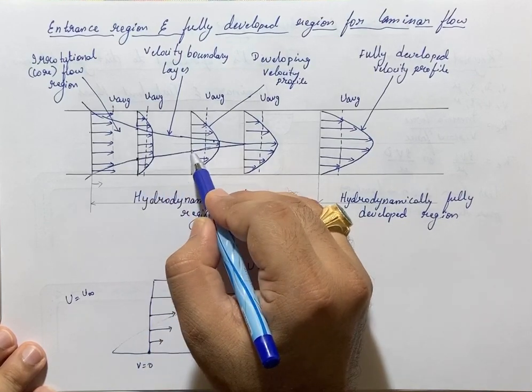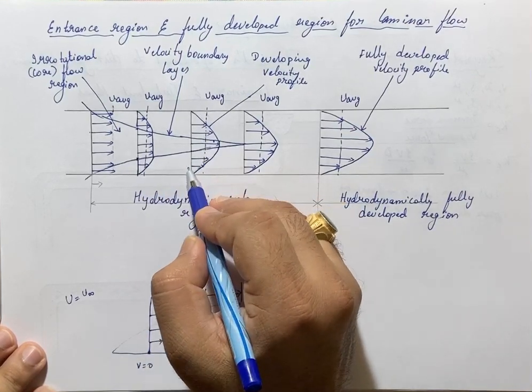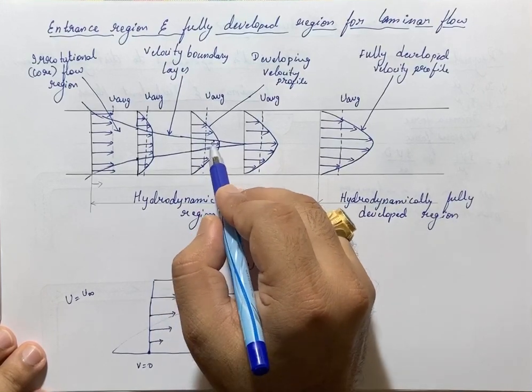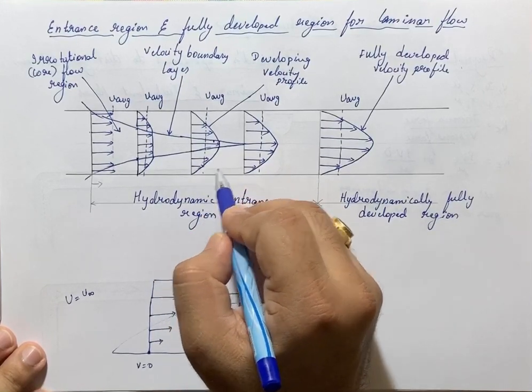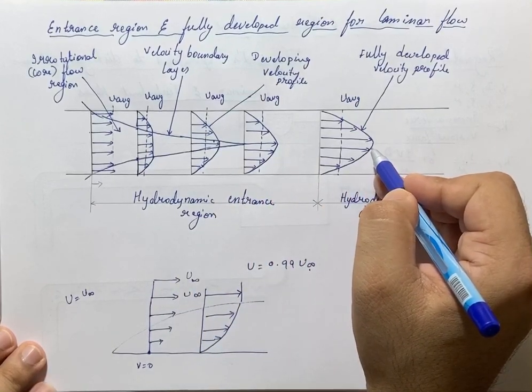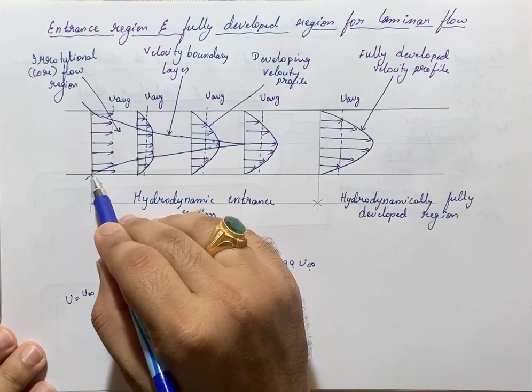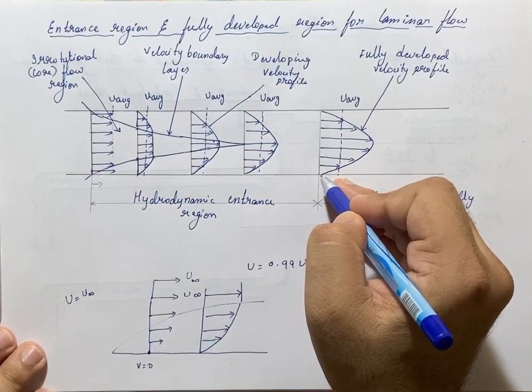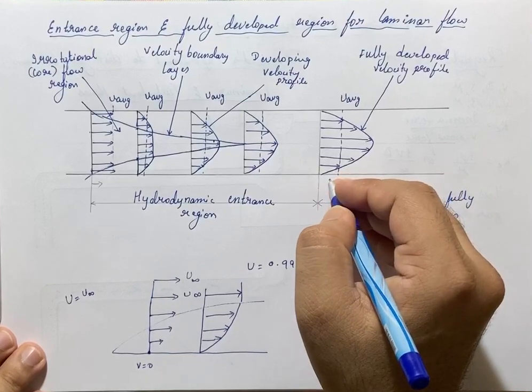Now further moving, this velocity profile will start developing here. The velocity profile will start developing from the entry point, and at some distance the velocity profile will be fully developed. Right?